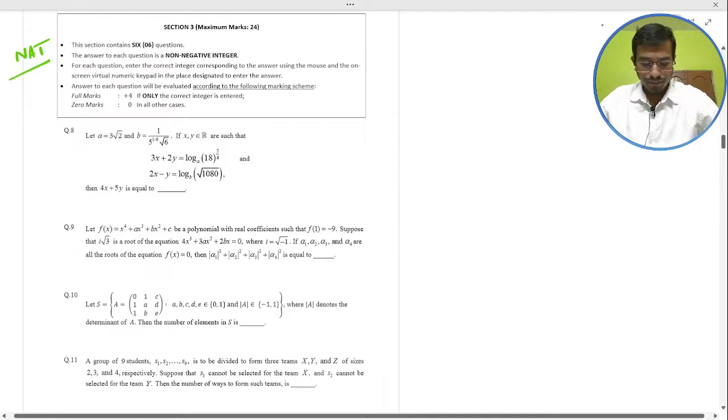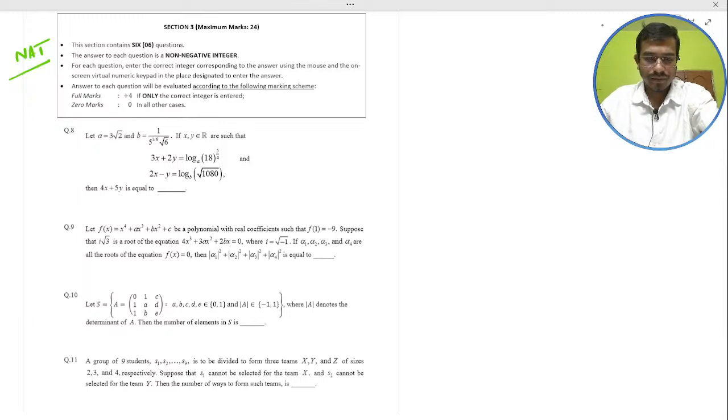First one. A equal to 3 root 2, B equal to 1 by 5 to the power 1 by 6 into root 6, are such that 3x plus 2y equal to log base a of 18 to the power 5 by 4, and 2x minus y equal to log base b of root 1080.